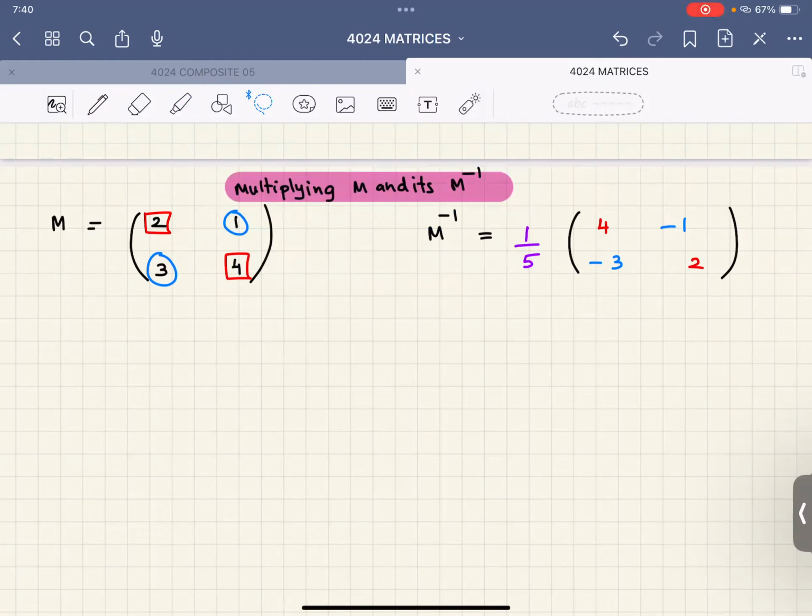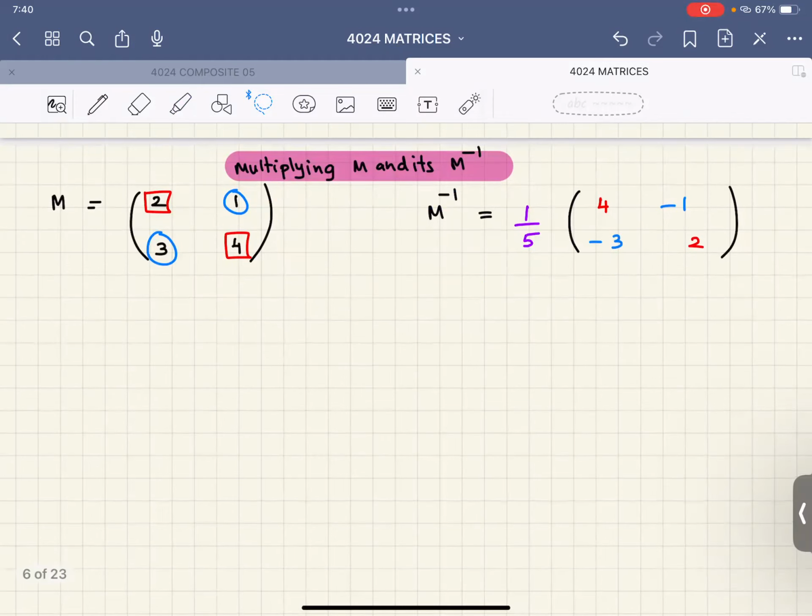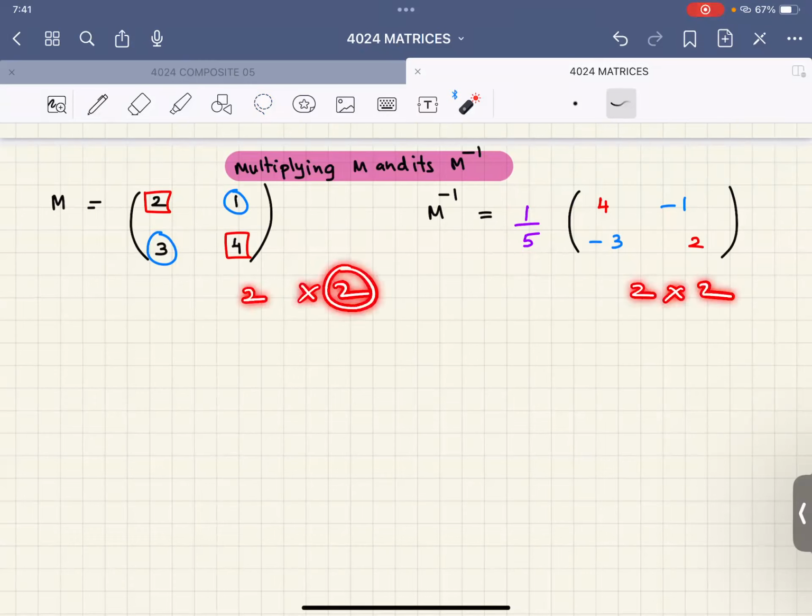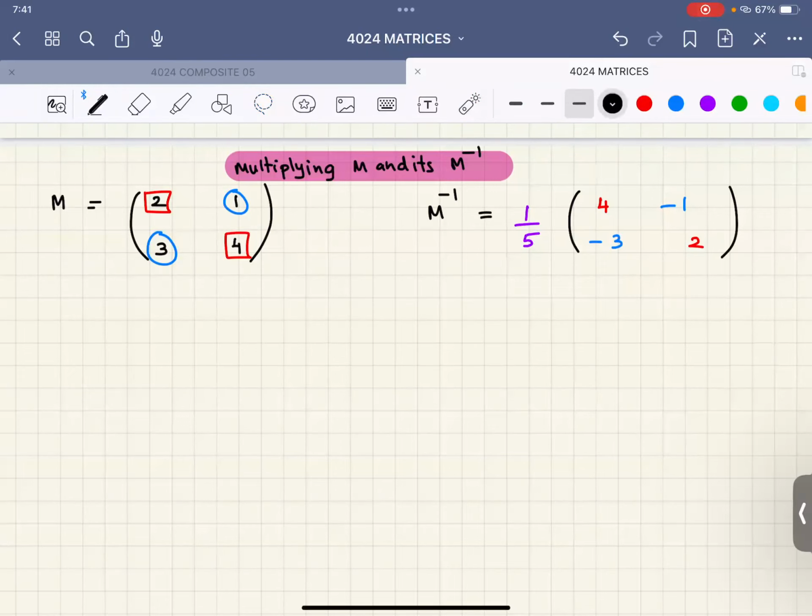And let's see what is the order. Now, this is a 2 by 2 matrix. This is also a 2 by 2 matrix. I can take this 1/5 on the inside also. I can leave it outside, doesn't make a difference. This is 2 by 2. This is 2 by 2. This equals this. The answer is a 2 by 2 matrix. Yes, it can be multiplied.